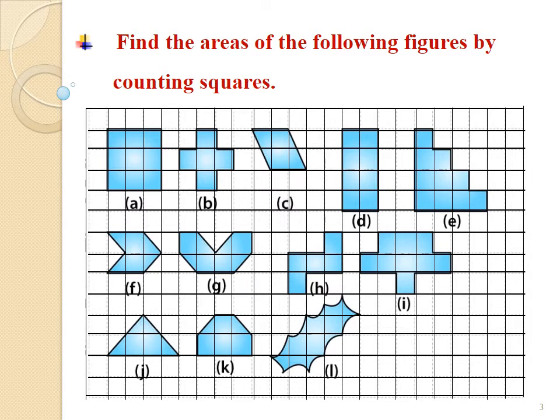So now let us find the area of the figures by counting squares, keeping in mind all the necessary points. Students, you can draw horizontal and vertical lines on the square paper so that you can easily count the number of squares in the given figure.